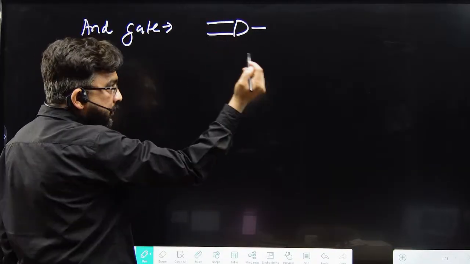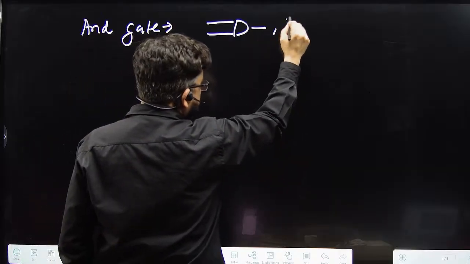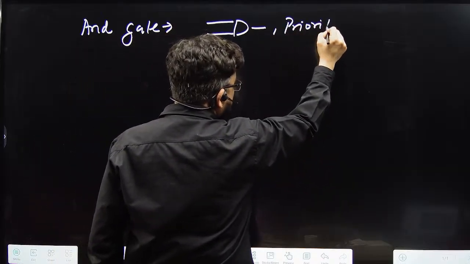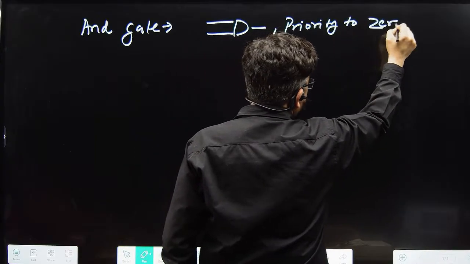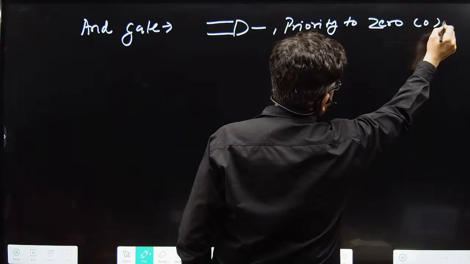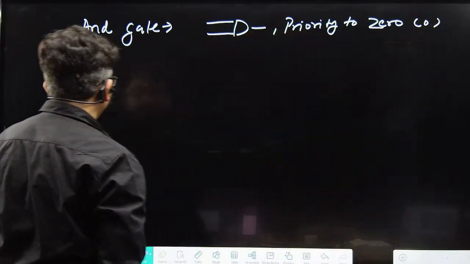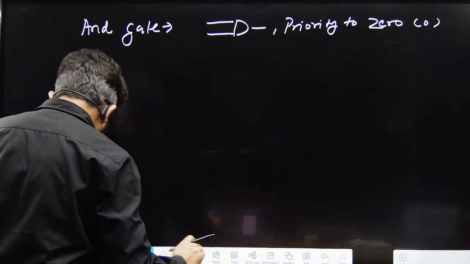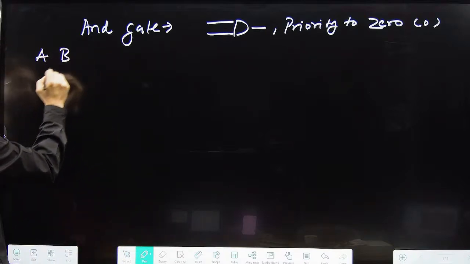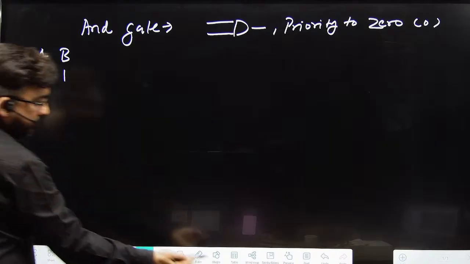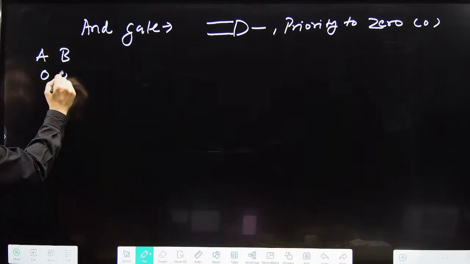So priority is always given to 0, as we know. Whenever any input is 0, you know that the output is 0, right?